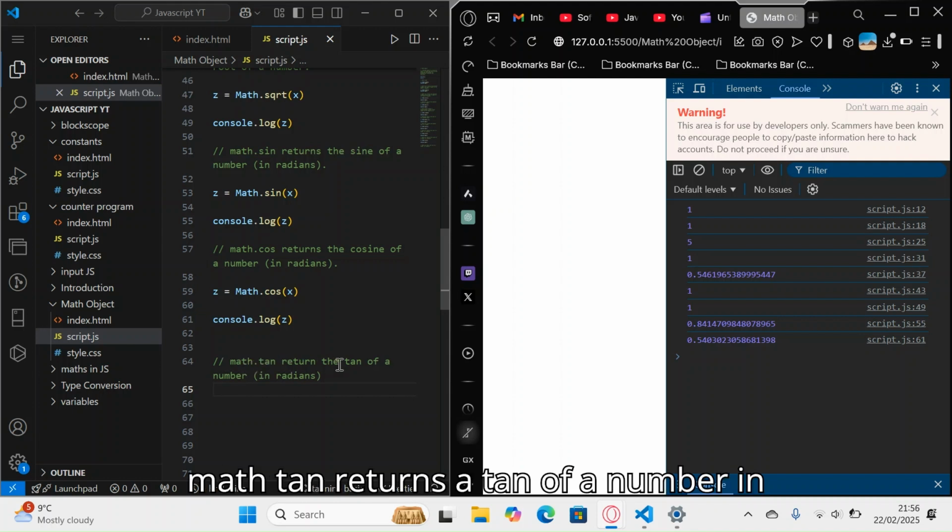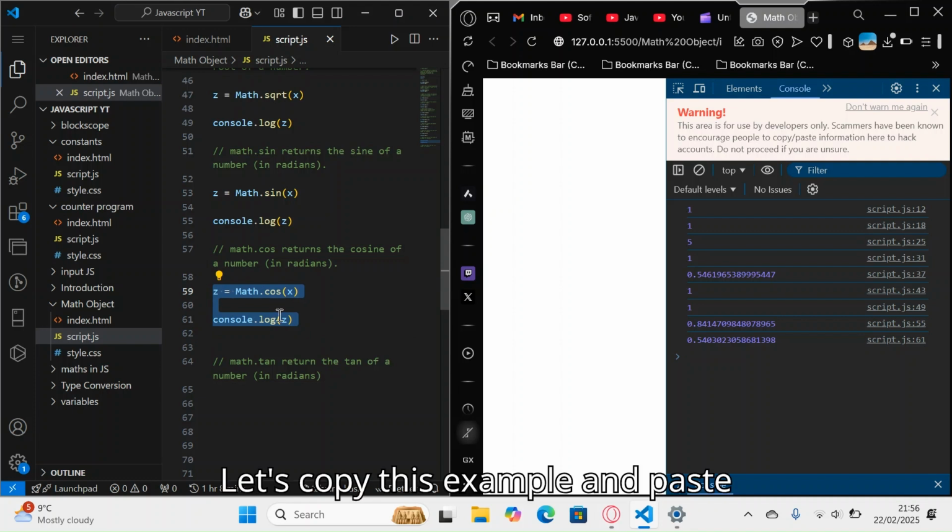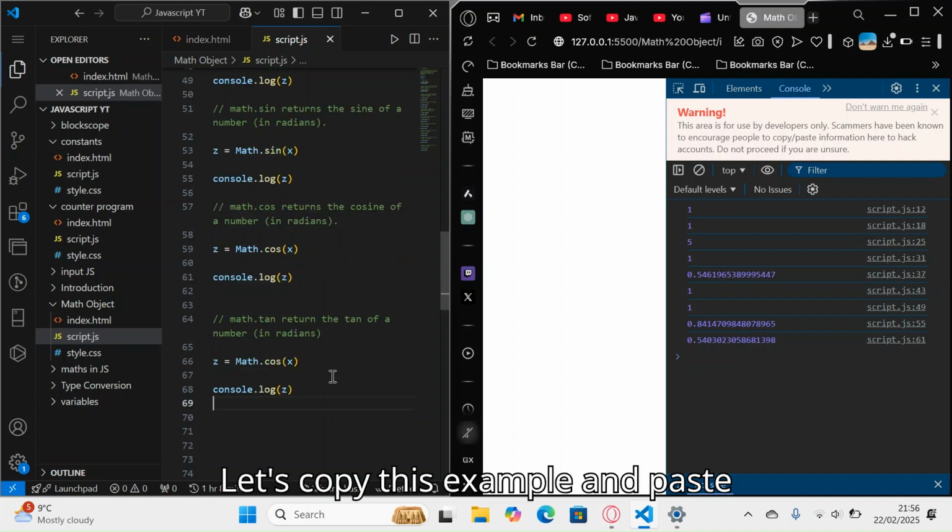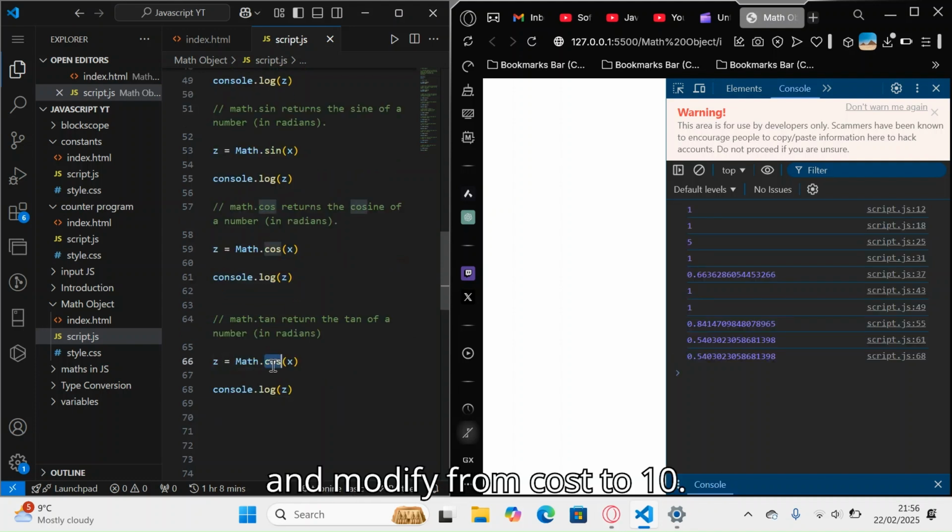There's also math.tan. Math.tan returns the tangent of a number in radians. So similar to cos and sin, this time it returns the tangent of a number in radians. Let's copy this example, paste it, and modify from cos to tan.